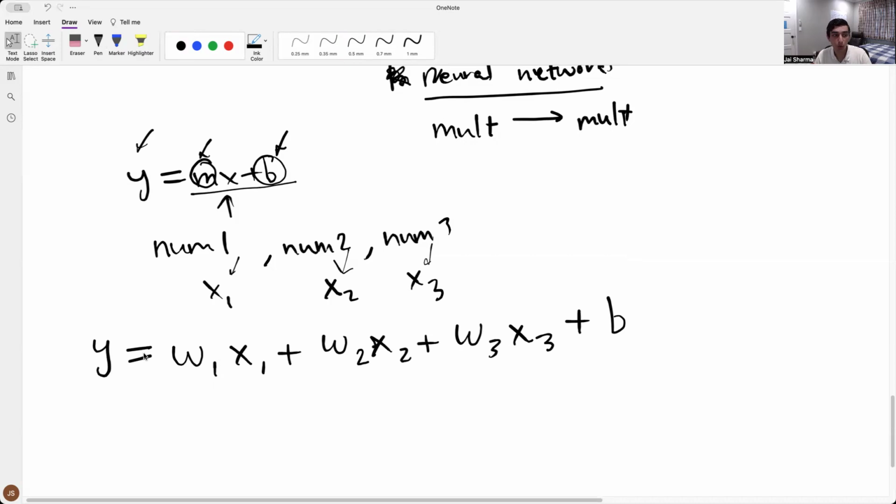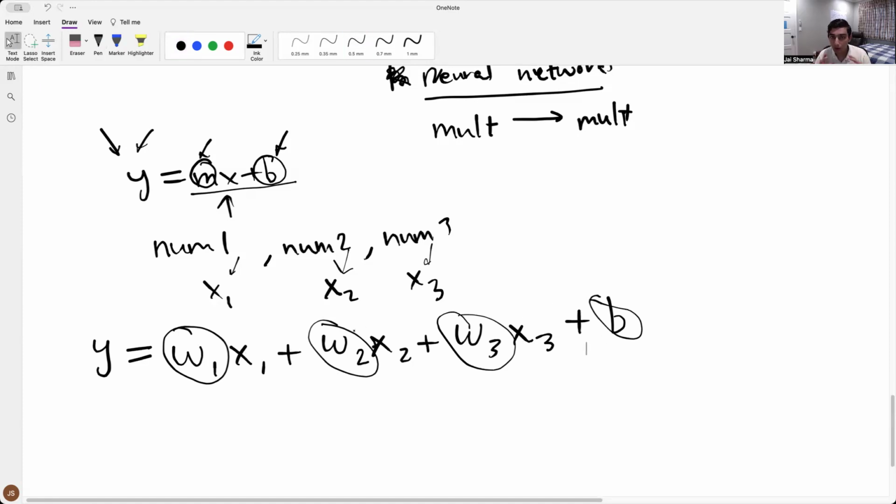This was our old computation where we only used one input, which was x. Now we have three inputs, x1, x2, and x3, and this is how we're combining them. We have another number named w1, and then w2, w3, and b. Let's say these are given to us, but we have a way of combining x1, x2, and x3 by multiplying w1 times x1, w2 times x2, w3 times x3, and then adding b at the end.